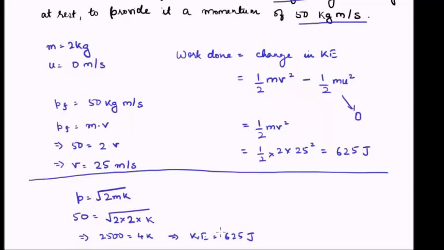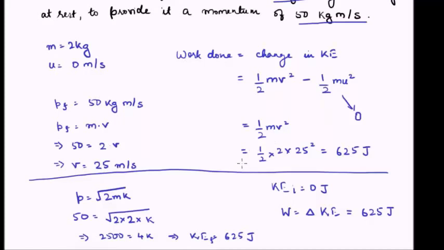But we already know that the initial kinetic energy is 0 joule because it was at rest. Therefore, the work done is the change, represented by delta of kinetic energy, which gives us the same result as 625 joule.